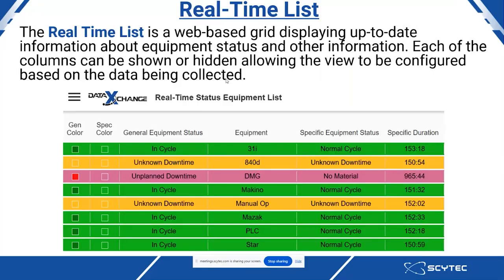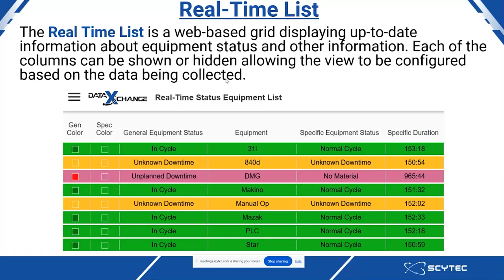Next up, I'm going to be going over the real-time list. And the real-time list is a web-based grid displaying up-to-date information about equipment statuses and other information. Each of the columns can be shown or hidden, allowing the view to be configured based on the data that is being collected. Now, basically what this real-time list is doing is showing us the same information that I just showed you in the real-time equipment view, but in a more streamlined manner, where you can see things like we have a Siemens 840D that has been in an unknown downtime for about 150 minutes, and so on and so forth.